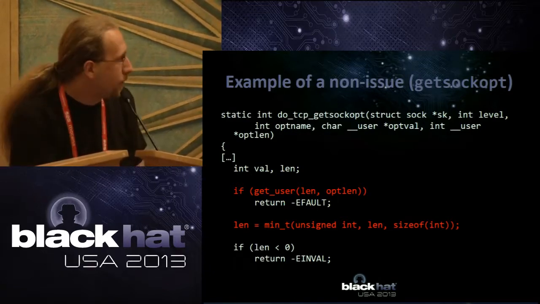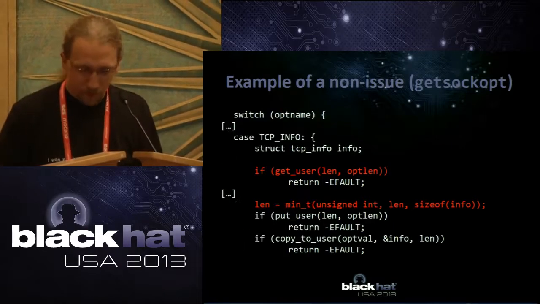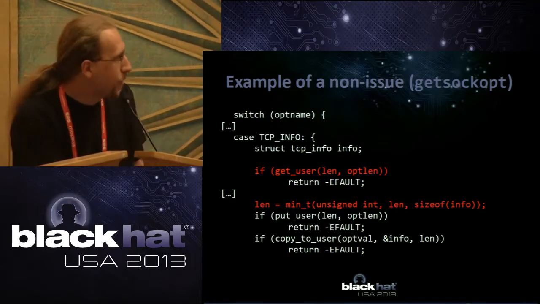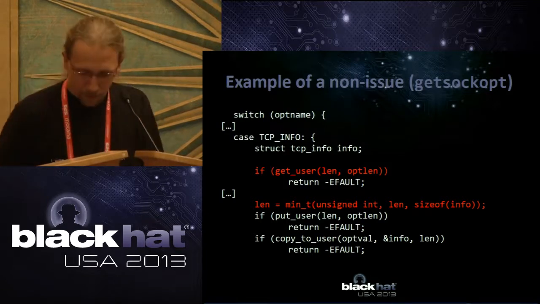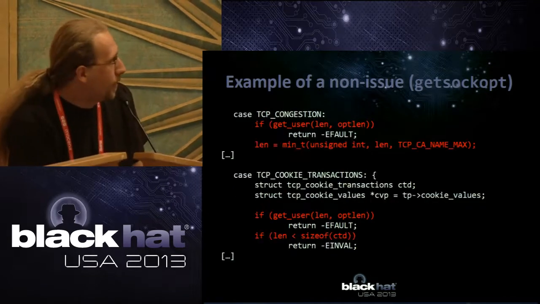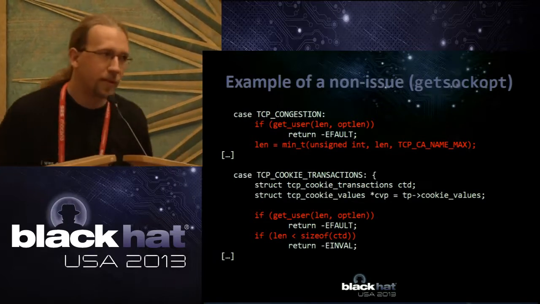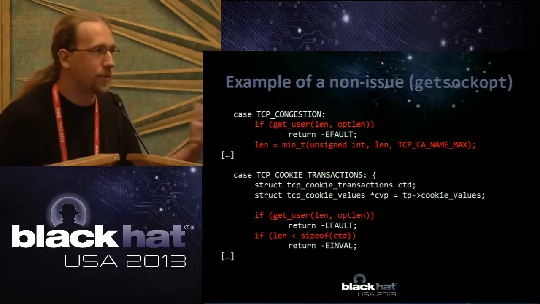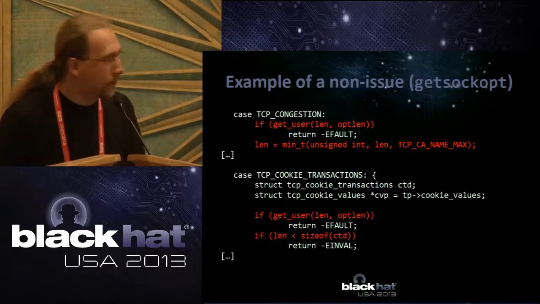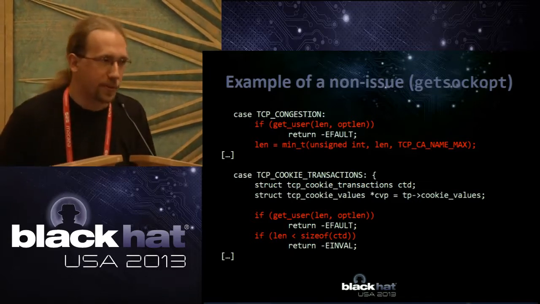And then does something to it, calculates a minimum value. And then again, if you go deeper into the function, there's a switch case, and in some cases you get the fetch again. However, due to how this variable is used, you cannot do anything malicious with it. You cannot actually use it to get root. So, well, it's basically a false positive in terms of vulnerabilities.